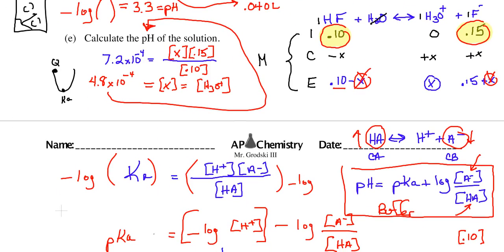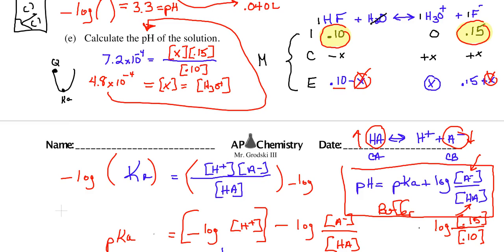So to solve for this, look what I have here: 0.10 right here, and then 0.15. In 0.15 divided by 0.10, I'm going to do the log of that. Now 0.15 is the conjugate base. So let's go find that number. Very simple. I'm going to do 0.15 divided by 0.1, and what I get is 1.5.